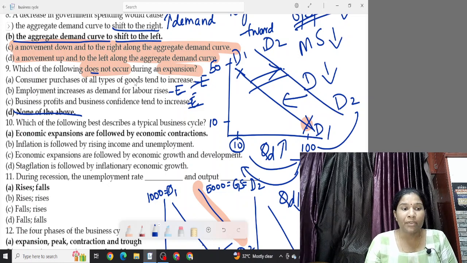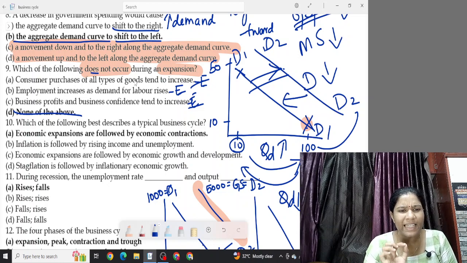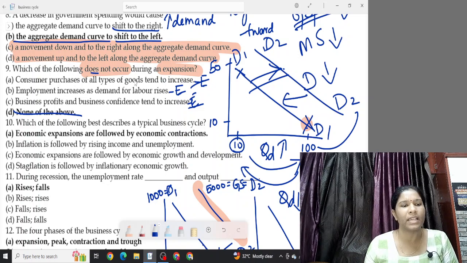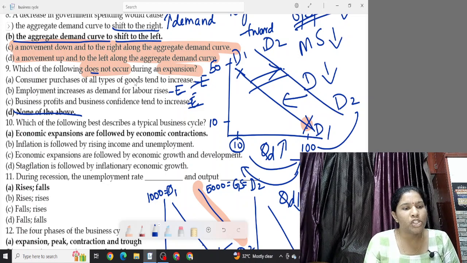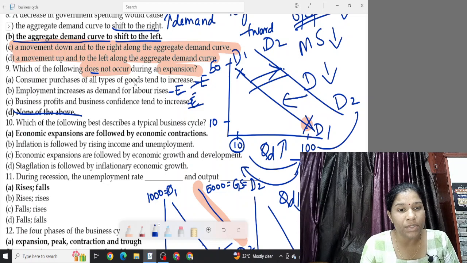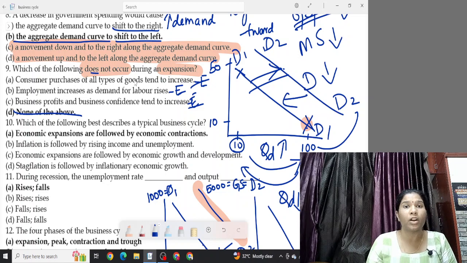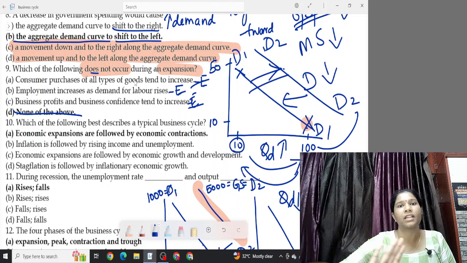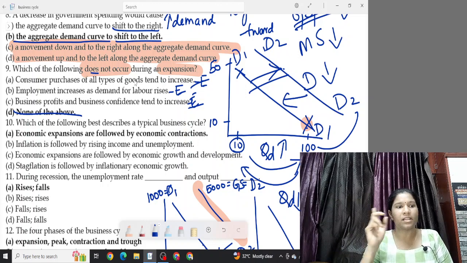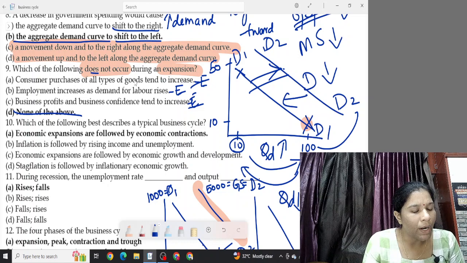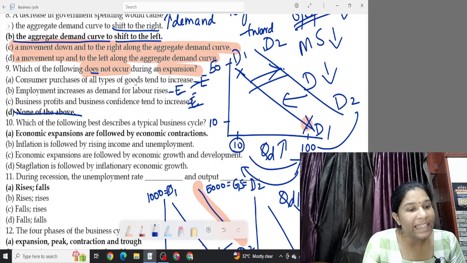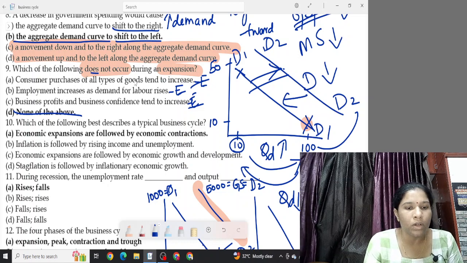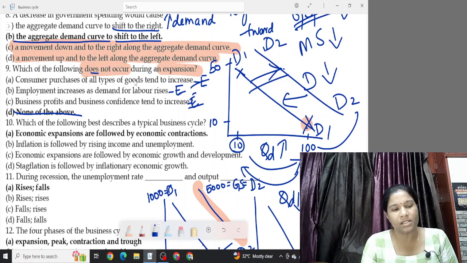Question number 10. Which of the following best describes a typical business cycle? No, they are not asking you about expansion or depression or contraction. Number 1. Economic expansions are followed by economic contractions.